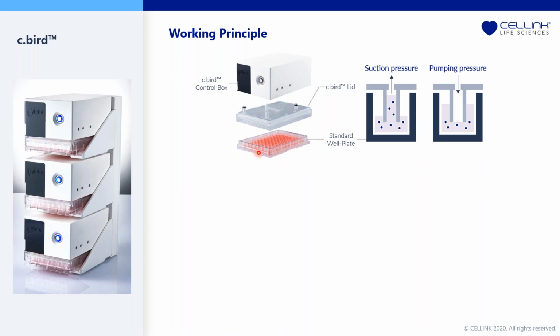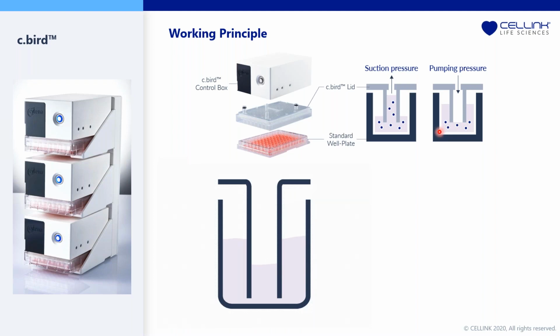And there are 96 tubes which can be inserted into all the wells of the well plates. And the control units can be docked right on the top of the lid to pump the medium up and down in all the wells, somewhat like a multi-pipetting system.